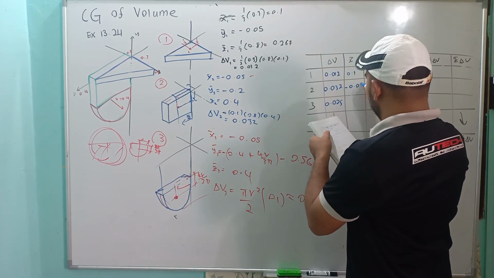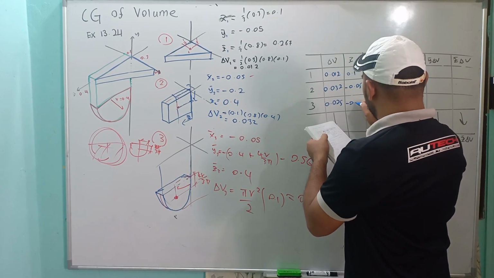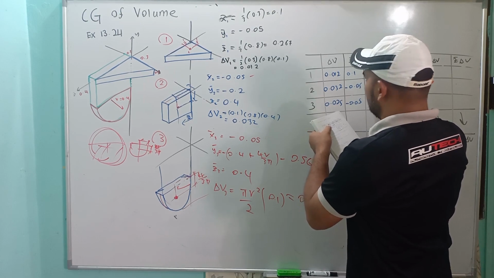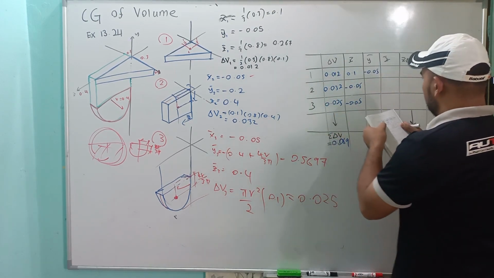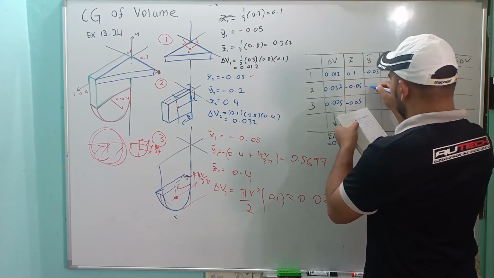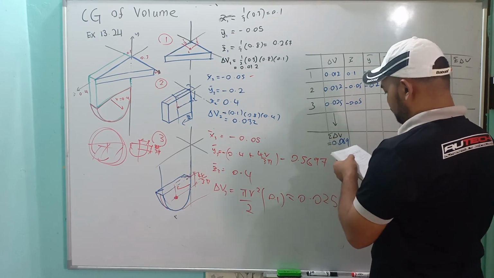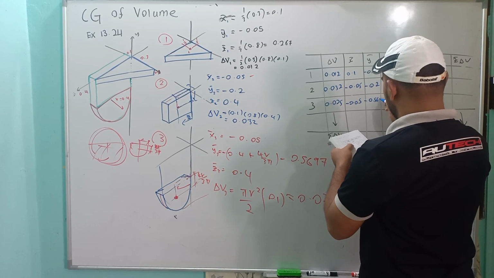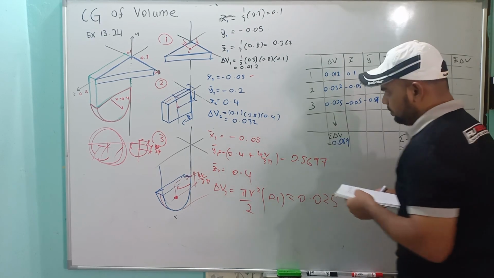Negative 0.05, 0.05, so negative 0.05 here, negative 0.2, negative 0.5657.